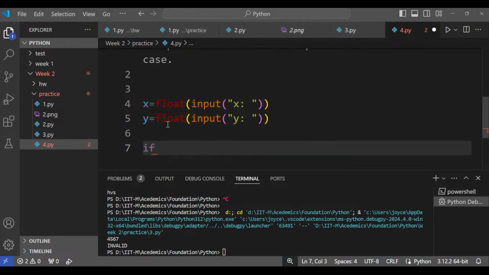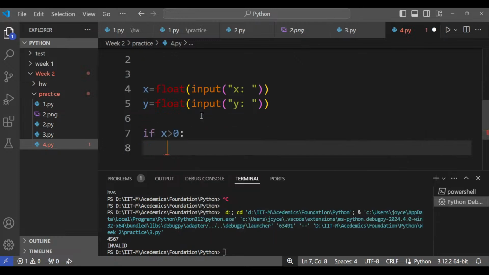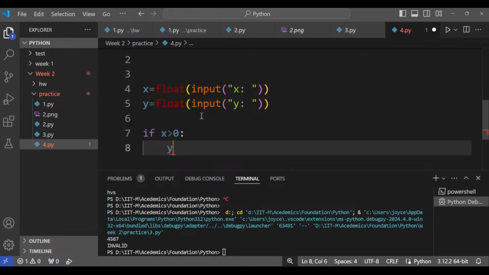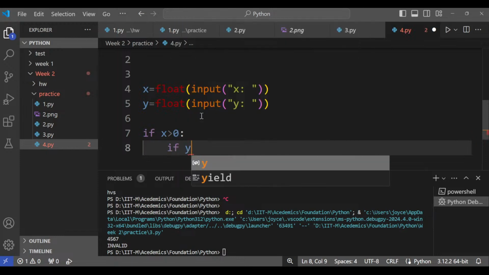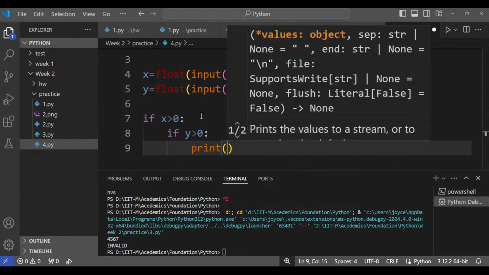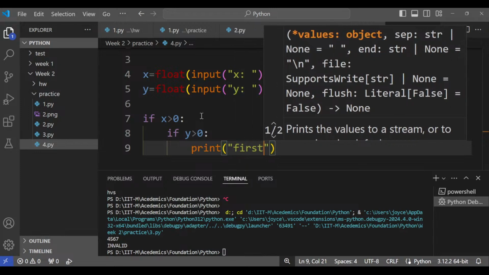So first quadrant we have x greater than 0. So if it is x greater than 0, there are many possible cases. We can have y, one more if statement. If y greater than 0, then it is print. Do we print it now? Yeah, print first.